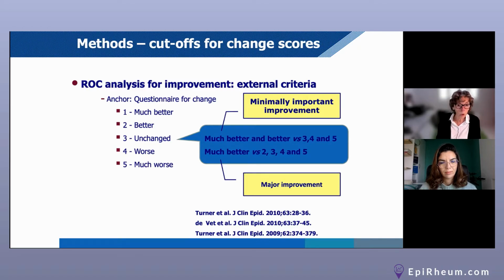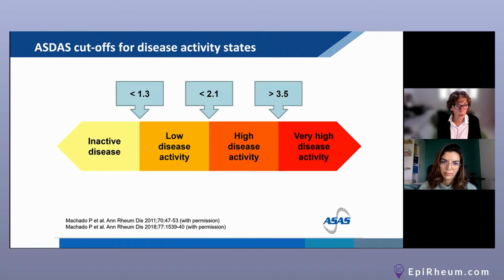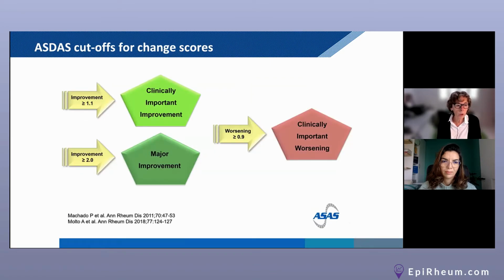So we could use the external criterion. This resulted in the next cutoff for the disease activity states, having inactive disease below 1.3, low disease activity 1.3 to 2.1, etc. And we also defined the cutoffs for change scores.